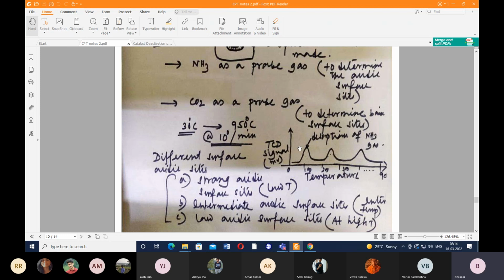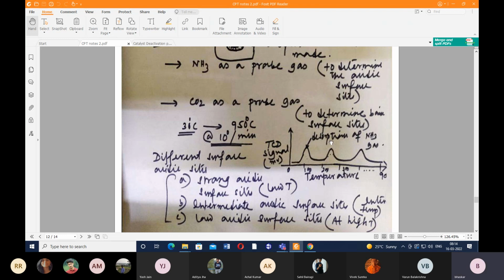From our basic understanding, we know this. So this peak corresponds to the strong acidic surface sites present on the surface of the catalyst.